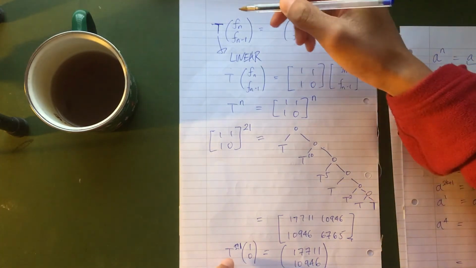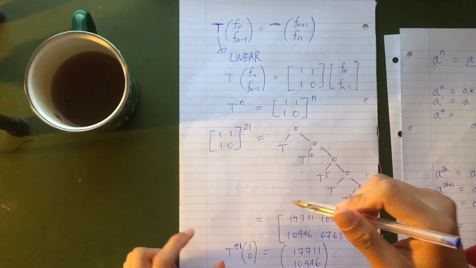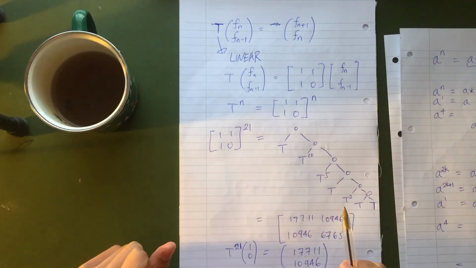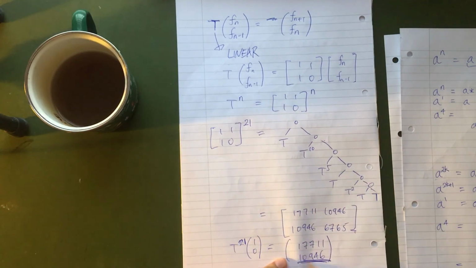And since T to the n applied to f(1), f(0) is going to give us f(n+1), f(n), f(21) is the bottom entry here. And we've done that quickly. We could find the nth Fibonacci number in log n time.